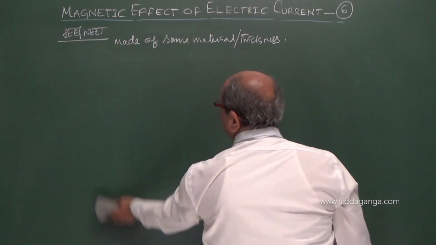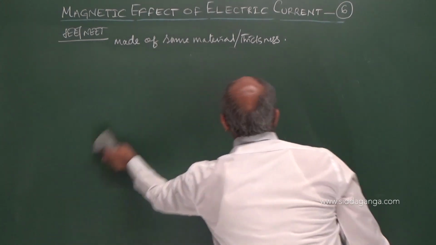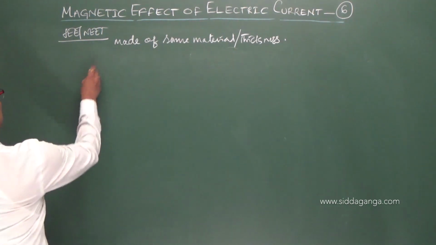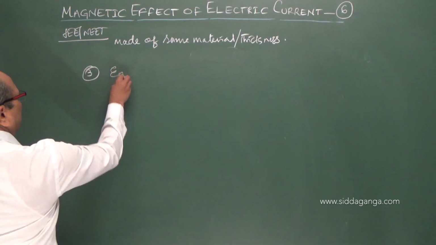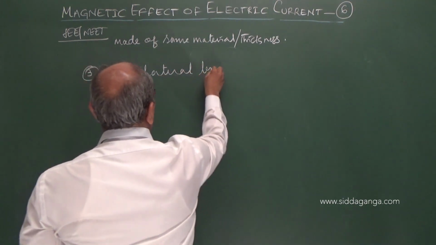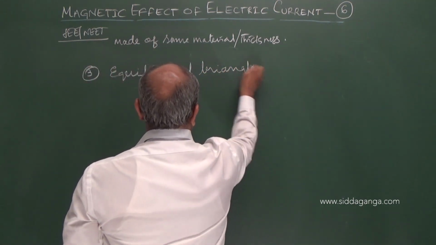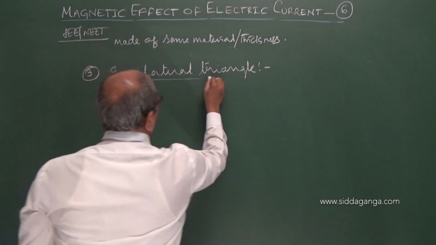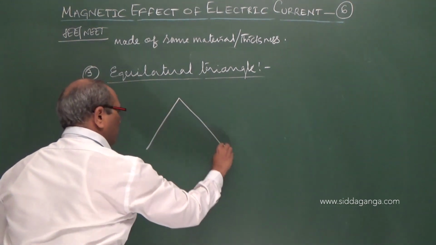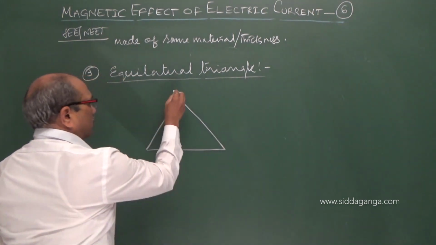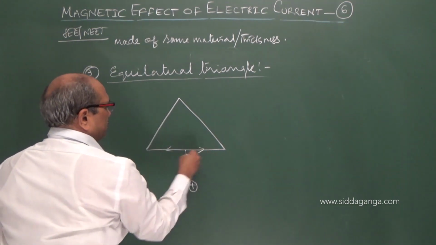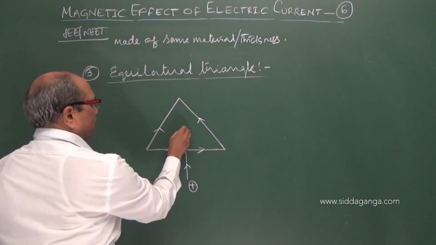Let us come to an equilateral triangle. Let us take the third as an equilateral triangle. In an equilateral triangle also, if I give the current from this end, plus, it may split and go like so, with the field at this center.